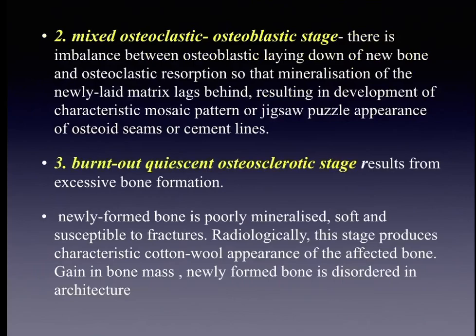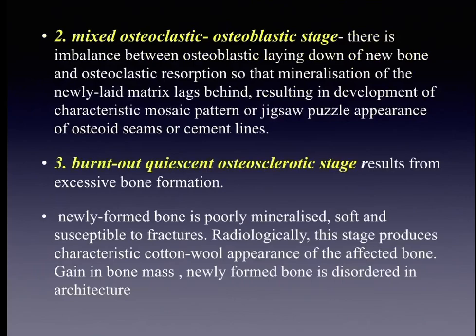In the mixed osteoclastic-osteoblastic stage, there will be an imbalance between the osteoblastic laying down of new bone and osteoclastic resorption, so that the mineralization of this newly laid matrix lags behind. It results in the development of the characteristic mosaic pattern, or jigsaw puzzle appearance, of the osteoid seams or the cement lines in Paget's disease.